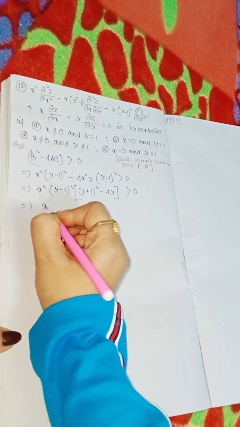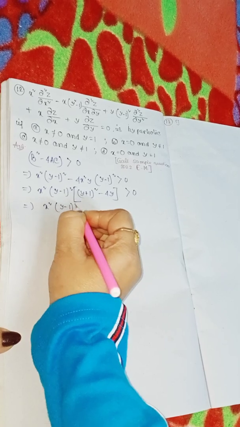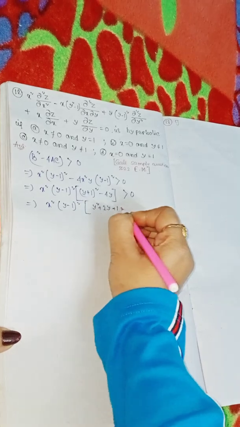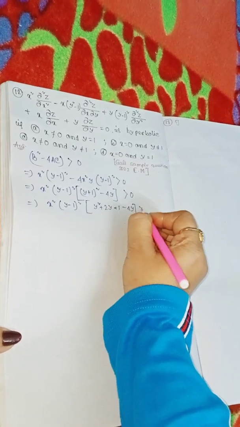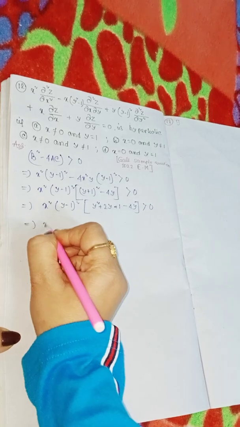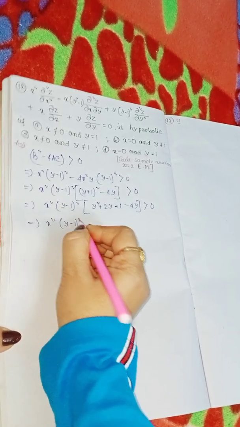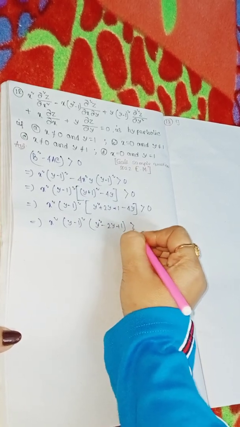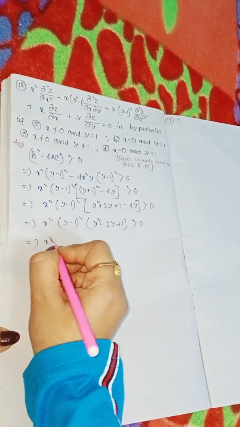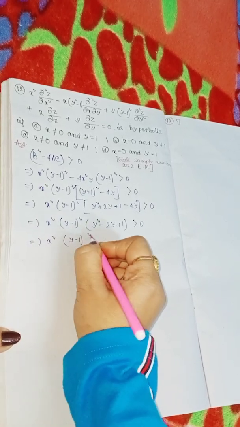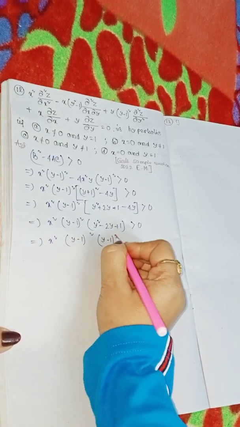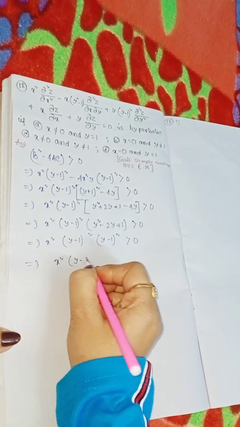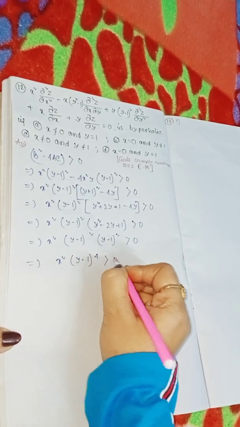That implies x²(y−1)²(y² + 2y + 1 − 4y) is greater than 0. That implies x²(y−1)²(y² − 2y + 1) greater than 0. That implies x²(y−1)²(y−1)² greater than 0. Implies x²(y−1)⁴ greater than 0.